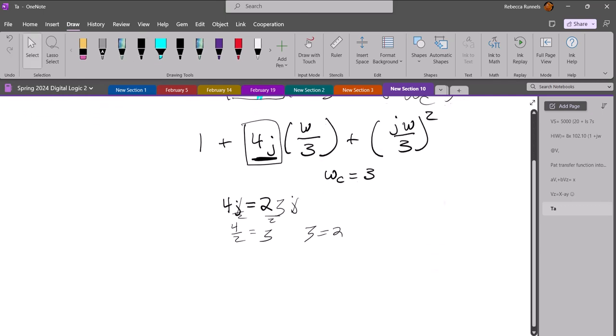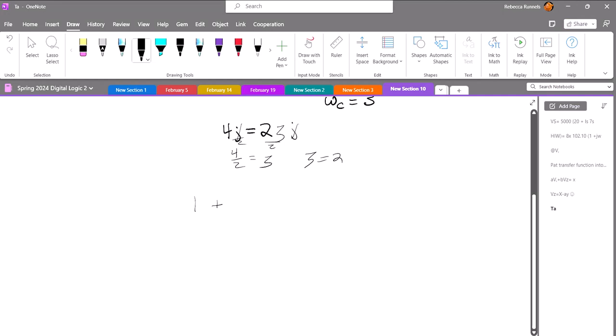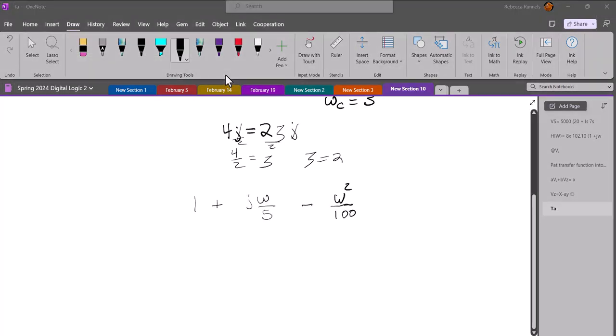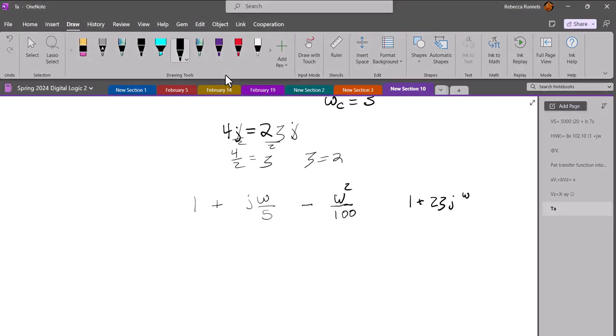Okay, so let's say that we had something that looked like this. Okay, so let's say this is what it looked like. Okay, so I want to start with, I know that this is supposed to be in the form 1 plus 2 zeta j omega over omega c plus j omega over omega c squared.